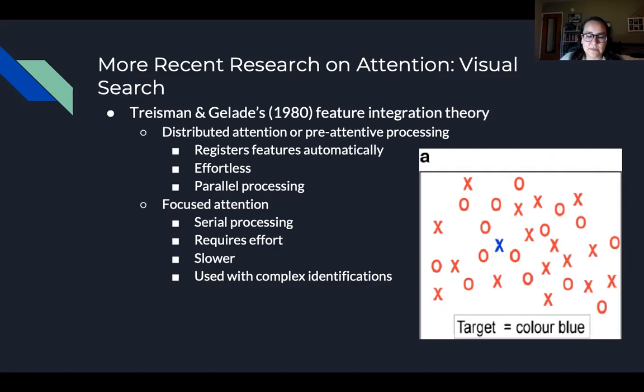Some evidence for this came out of their research on distributed attention. They studied distributed attention using what are called isolated features. In a series of studies, they tested their hypothesis that if distributed attention does exist, then participants should be able to find a target, in this case a blue X, really quickly among other surrounding irrelevant stimuli, so red X's and O's.